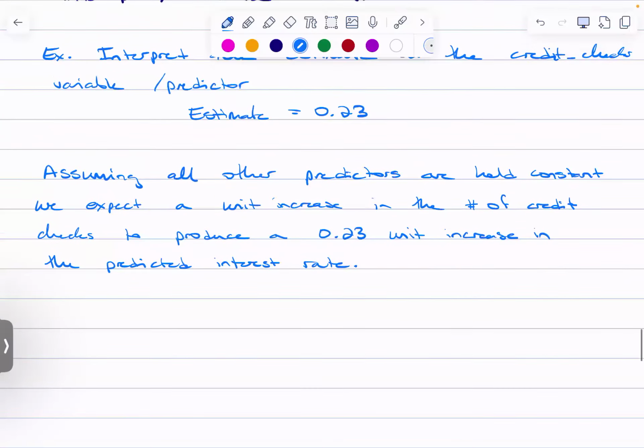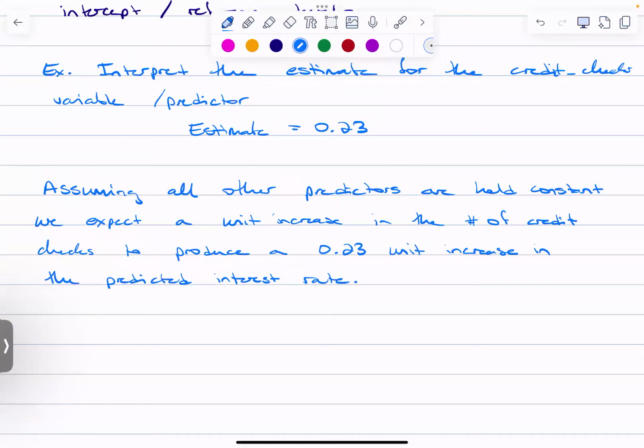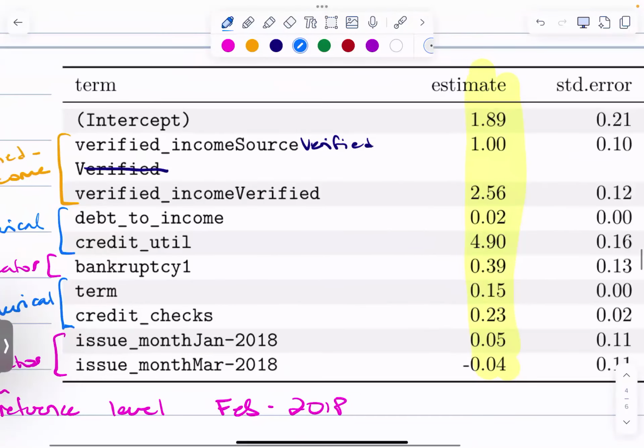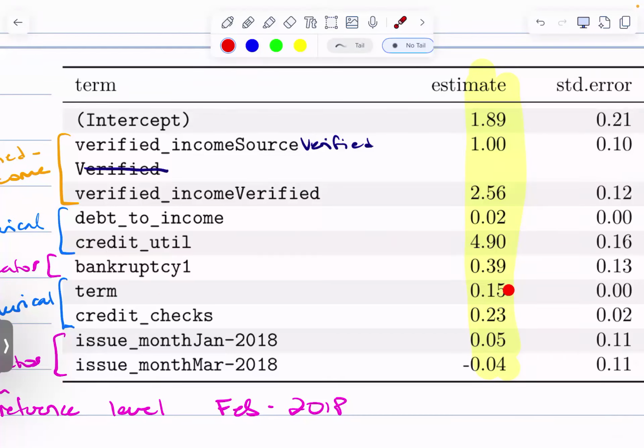We can go back to our output and just focus here. If we have to interpret the term variable, for example, then we would say, holding all others steady, none of them are moving, they're held constant.